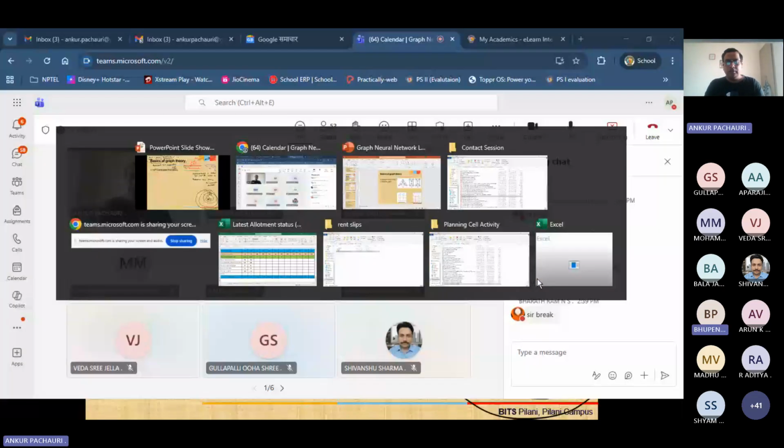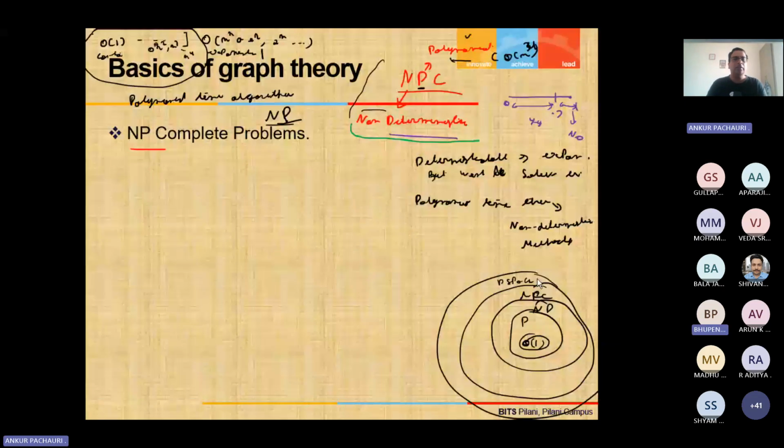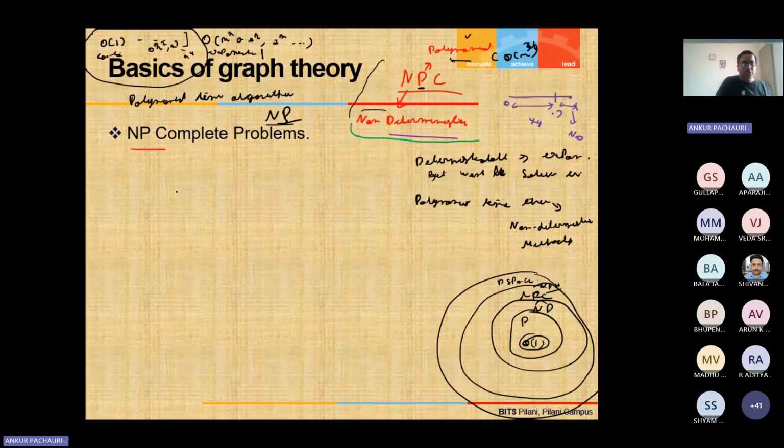What is NP complete here? I mean, we have NP complete and NP hard also, right? NP hard is one step above the NPC problem. NPC problems are still solvable, doable. NP hard means difficult to solve problems, and most PhD topics are from the area of NPC and NP hard.